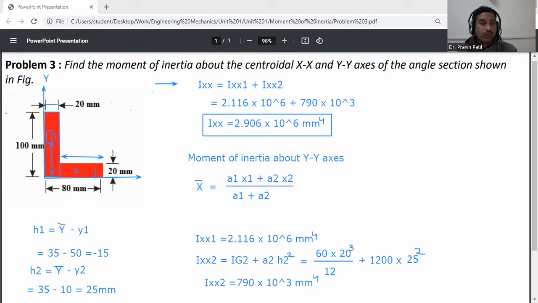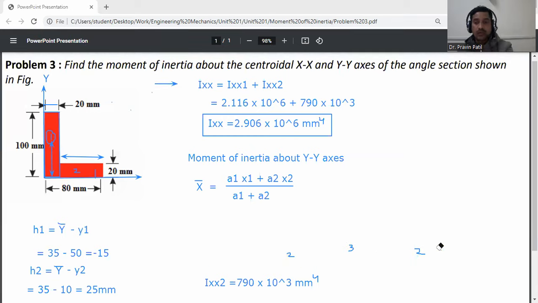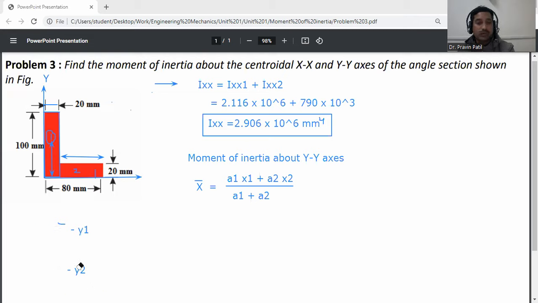So for that, calculate the x1 value. A1 is 100 into 20, that is 2000 mm squared, which we already calculated. Now we need to calculate x1, which is measured from the y axis.